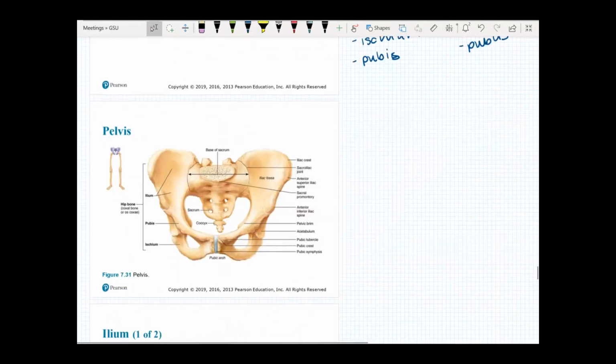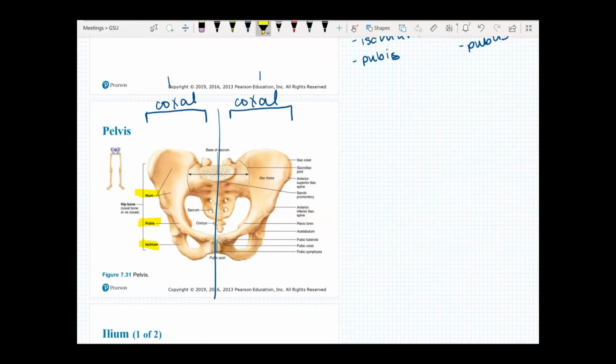So looking at this right here, if we were to split a plumb line, this is going to be 1 coxal, and this is going to be 1 coxal. Each of these coxals is going to have an ilium, an ischium, and a pubis. So you can see your ilium, your ischium, and your pubis. Essentially, your ilium is the top part where you actually feel your hip bone.